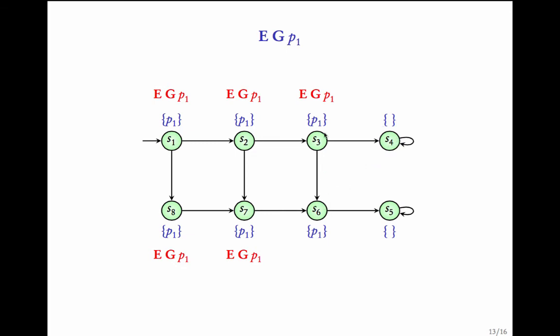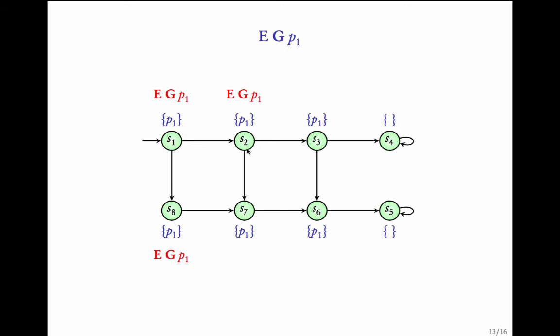In that case, we need to remove it from here as well, because there does not exist a path satisfying GP1 from this state. Similarly, look at S7. The only transition out of it leads to a state which does not satisfy EGP1. So remove the label from S7 and S3 as well.